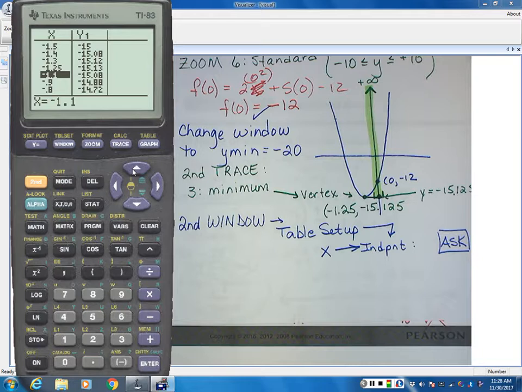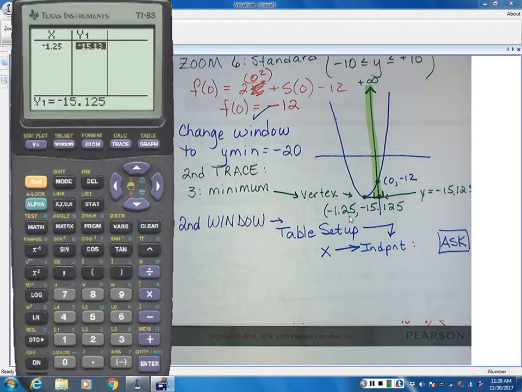Now, since we've already used the graph's ability to find it numerically, let me just delete these out. What we're going to do now is just verify. So far, all we've seen was that the lowest it ever went was negative 15.12. But if we enter in the x value that the calculator told us here, negative 1.25, we see that it actually rounds the answer up to negative 15.13.